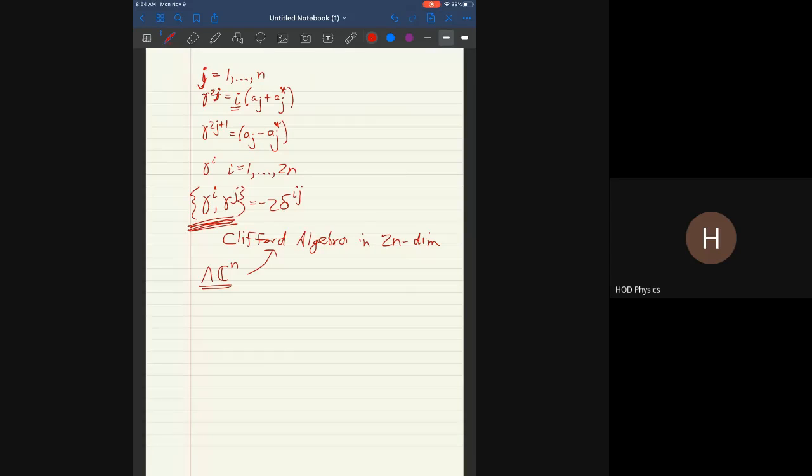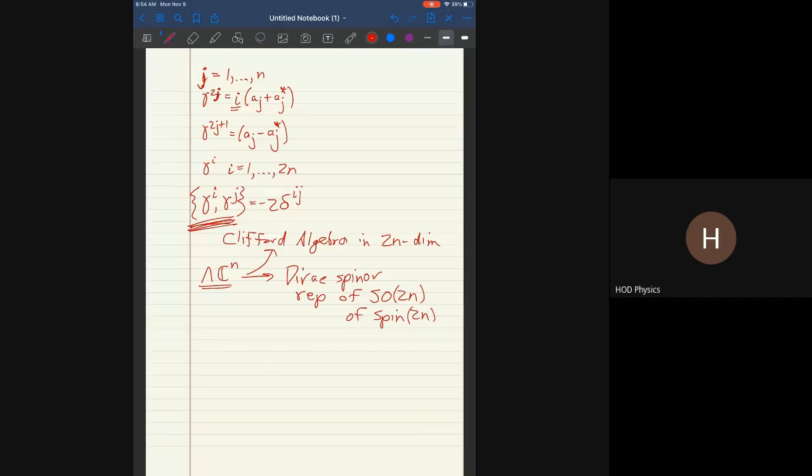So we've seen that lambda Cn is promoted to the Dirac spinor representation of SO2n, or more correctly, of spin 2n.